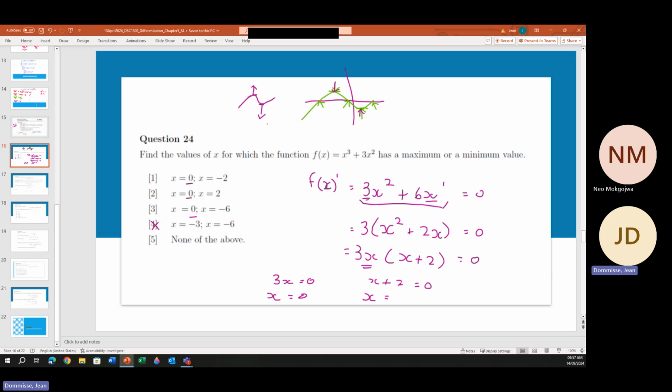When it's plus 2 on the left, we move it over, it becomes negative 2. So our second answer is x is equal to minus 2. So there's minus 2, that is the answer that we want, not positive 2, not negative 6. So option 1 will be the one that we want.